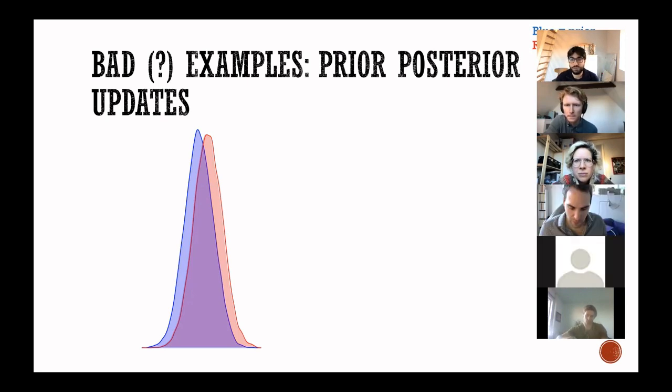But I also put a question mark, because it's not necessarily bad. It really depends on what we're trying to do. Let's say that we have a solid result, and we have a meta-analytic result that we believe in, and we do a new study just to replicate. If we want to move the average estimates in an updated meta-analysis, we don't want this one new study to move the estimate too much.